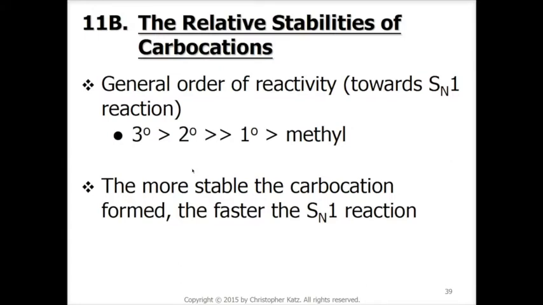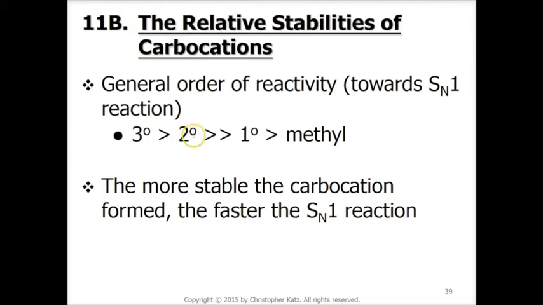All right, the general order of reactivity towards SN1 reactions depends on the ability to form an effective carbocation. The more stable the carbocation, the faster the SN1 process. So tertiary is the highest order of reactivity. After that comes secondary.